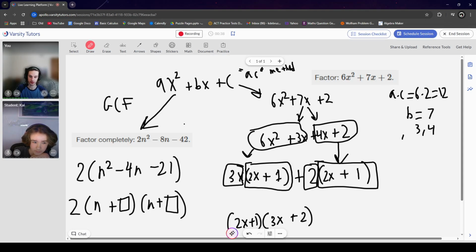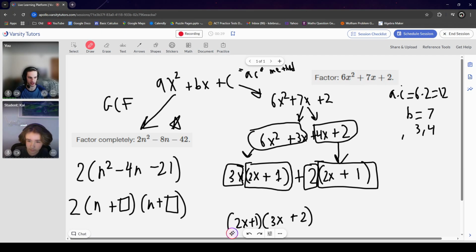The difference is that this problem has a greatest common factor. This problem does not have a greatest common factor. Well, actually, it just doesn't have a factor at all. 6 and 2 share a common factor, but 7 doesn't. And then x squared, x, there aren't any x's shared between them. There aren't any numbers shared between them. So it's kind of like everything that we're used to doesn't exist anymore. So we have to use this special method. Okay.